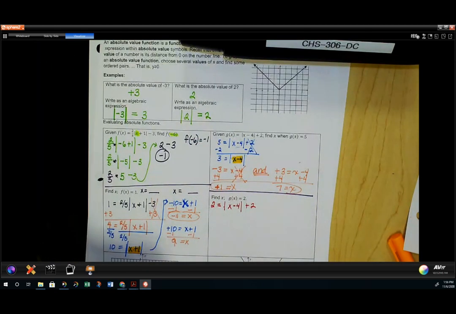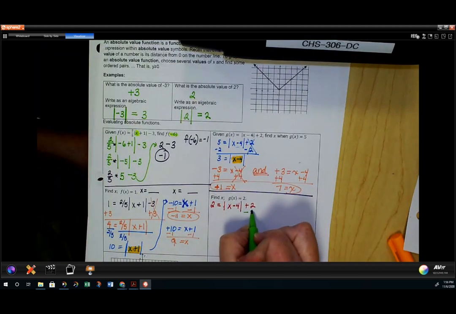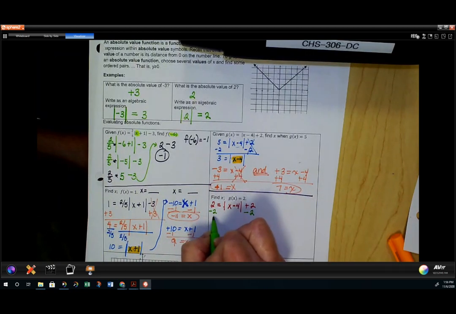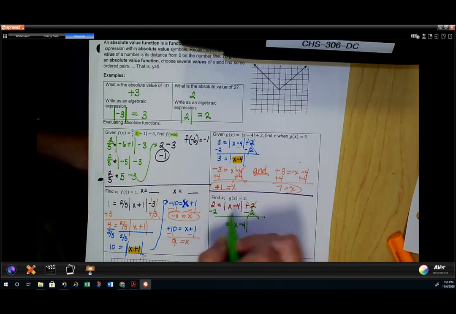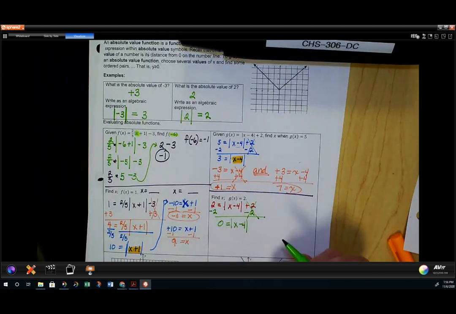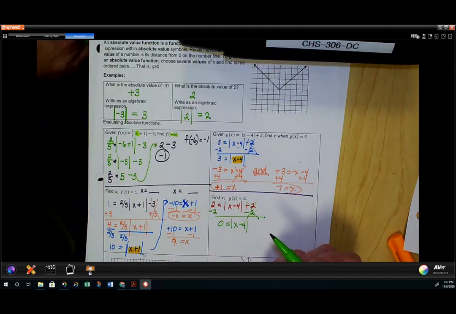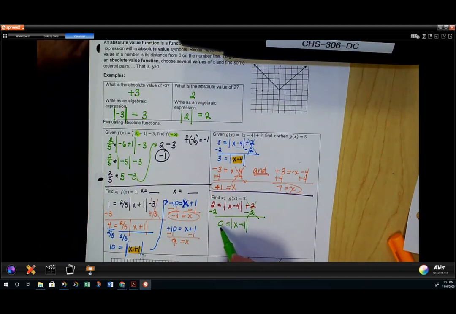So now we're going to go through and solve. So I'm going to subtract 2 and I'm going to subtract 2. So that goes away. So I've got the absolute value of x minus 4 is equal to 2 minus 2, which is 0. Oh well, it's only got one answer because 0 is neither positive nor negative.